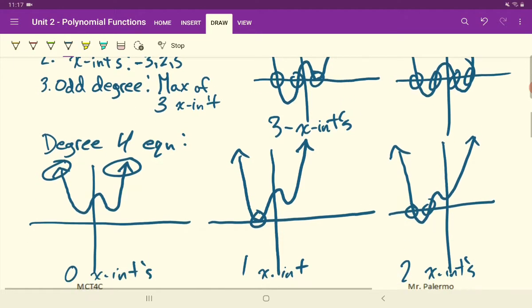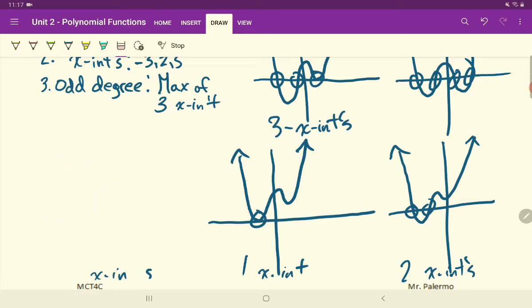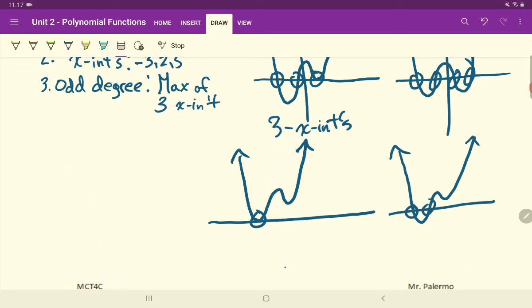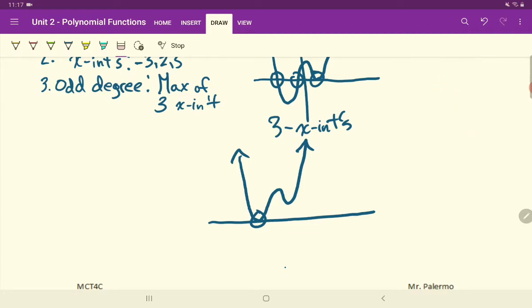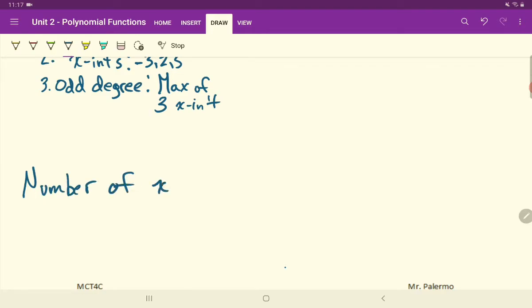So I want to write a conclusion to that. Number of x-intercepts.